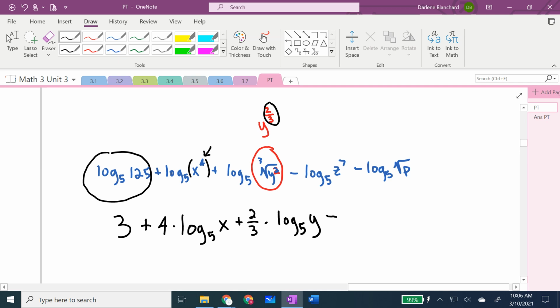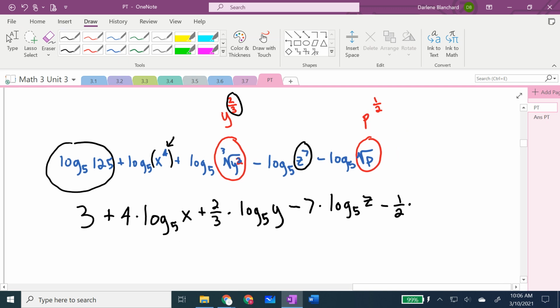For the next piece, you can see that the exponent is 7, and you can multiply it outside the logarithm. And then for this last bit, you want to recognize that the square root of p is actually p to the power of 1/2, which means that you can take that 1/2 exponent and turn it into multiplication outside that logarithm.